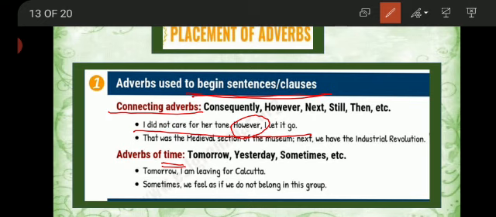They are also placed at the start of the sentence. So which type of adverbs are placed at the start of the sentence? Connecting adverbs, when we use them to connect two sentences. And the adverbs of time are also used at the start of a sentence.